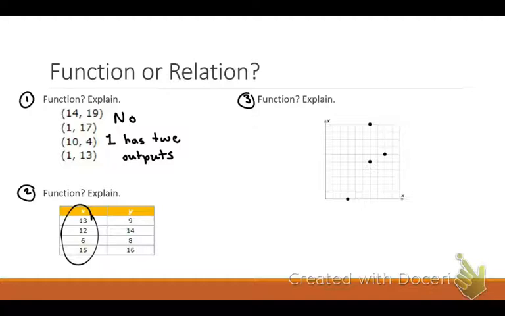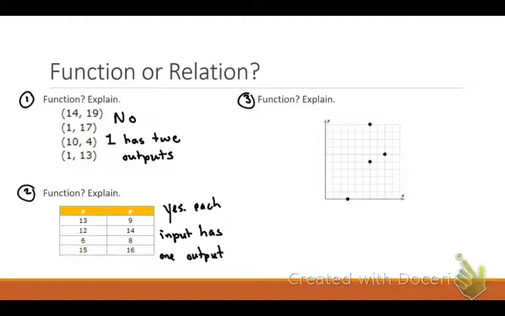No. Okay, so because no input values repeat, that means they all have their own unique output. This is a function. Each input has one output. And guys, that's your reason every time your answer is yes. That's your reason every time. All right? Okay.